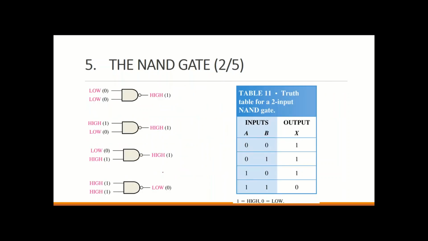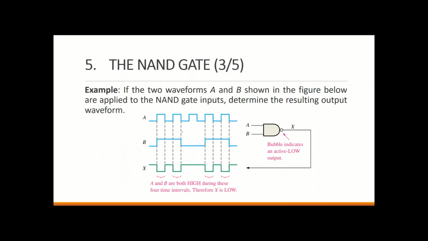It's a negated AND. Now the AND, if you remember, is only high when these two are high, otherwise it's low, and for this case what we have is exactly the opposite, the negation. So it is 0 here, 1 otherwise. If the inputs are not all high, then the output is always high; it is low only when all the inputs are high. Alright. So for the NAND gate, you look for what?